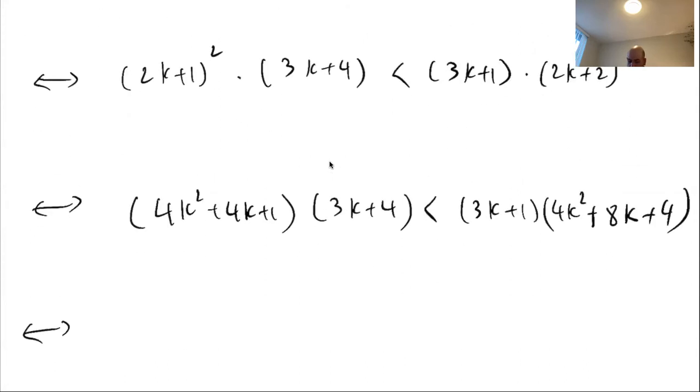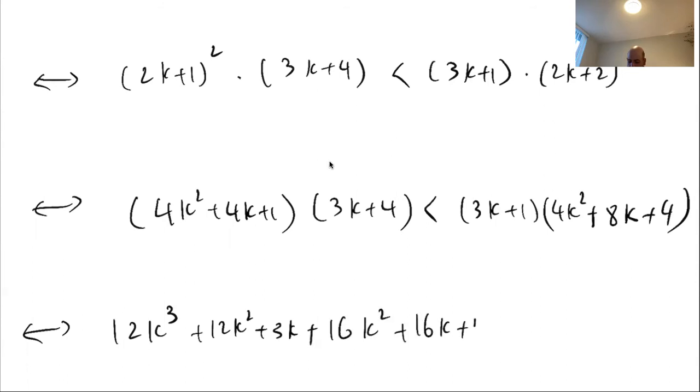And this is equivalent to saying that, if I expand, 12k cubed plus 12k squared plus 3k plus 16k squared, 16k and 4.